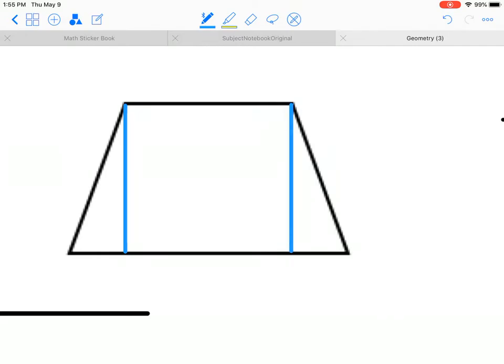And if you notice what I've done, I've created a rectangle in the middle and 2 triangles on the ends. But really what I'm interested in is this line right here is imaginary. We don't see it. It was not part of the original shape, but I have to view it in my mind's eye because this is the height of the trapezoid.